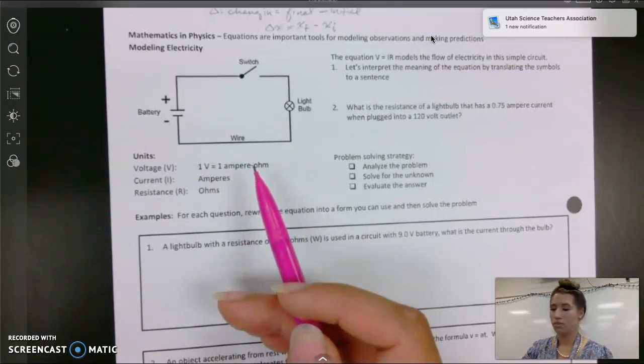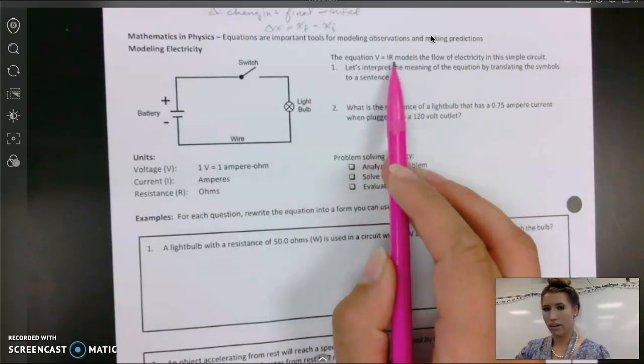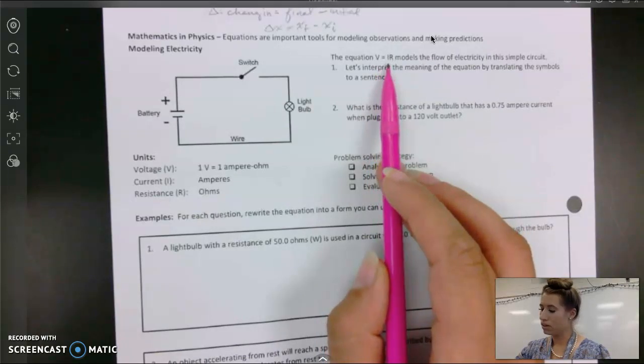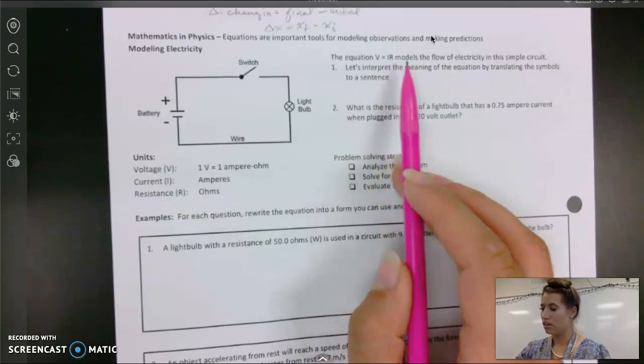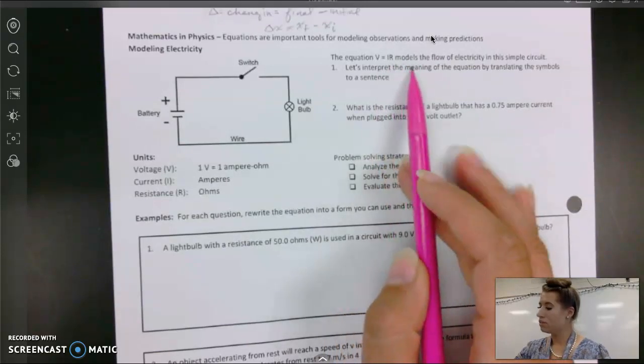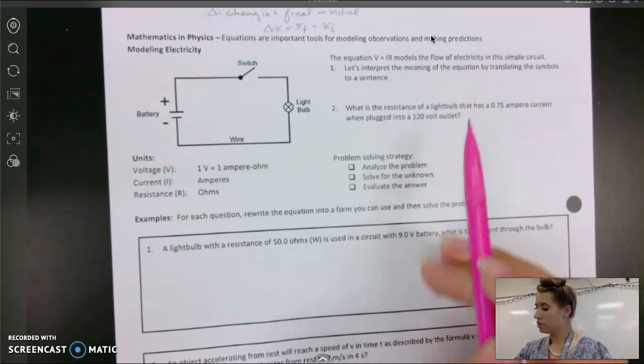Okay, so let's see what we have here. The equation V equals IR. Okay, what does that mean? Voltage is equal to current times resistance. So the equation V equals IR models the flow of electricity in this simple circuit.